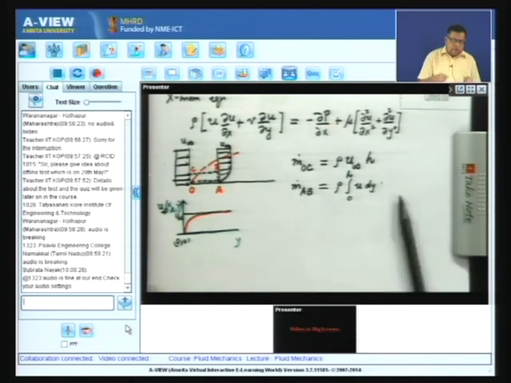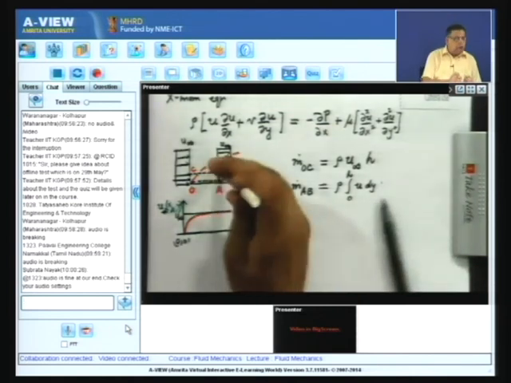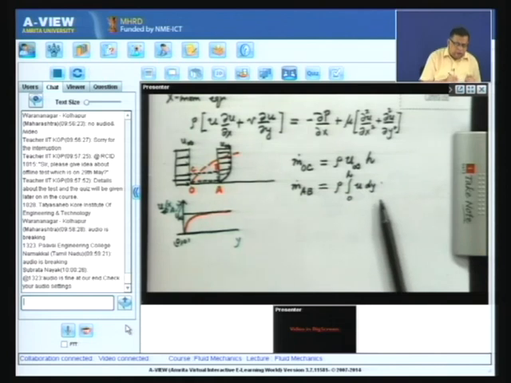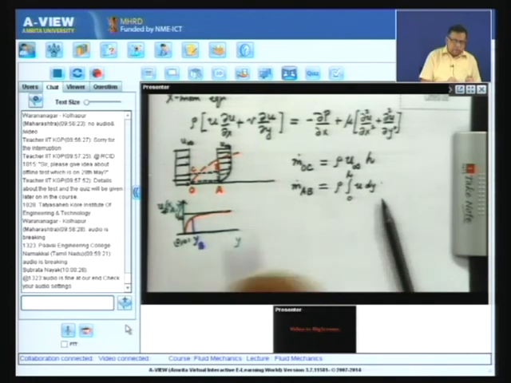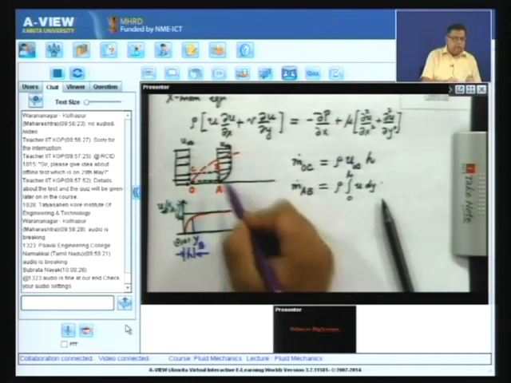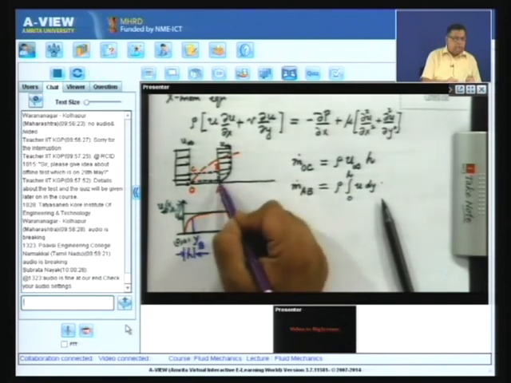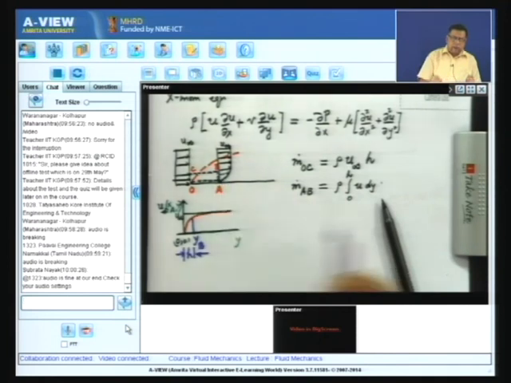Now, this point I have called B. So, this length is what I am calling small h, the height of this rectangle, this vertical length. So, I am integrating this u dy from 0 to h.